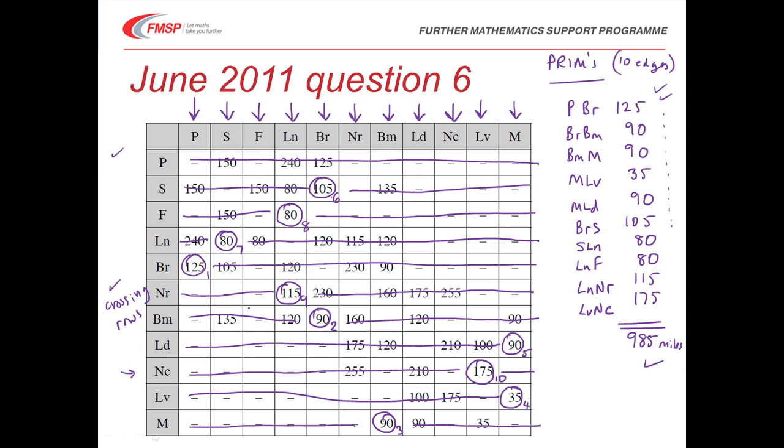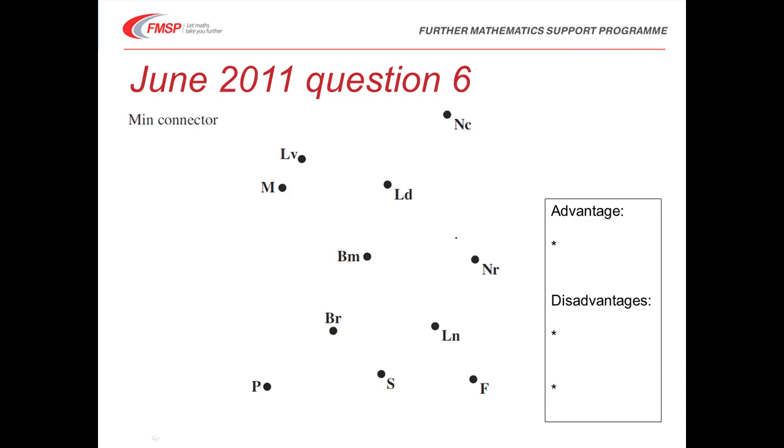Right, let's move on then, because our next job is to draw this minimum connector. And here's the blank they give us. I'm just going to go through the edges as we chose them just now.